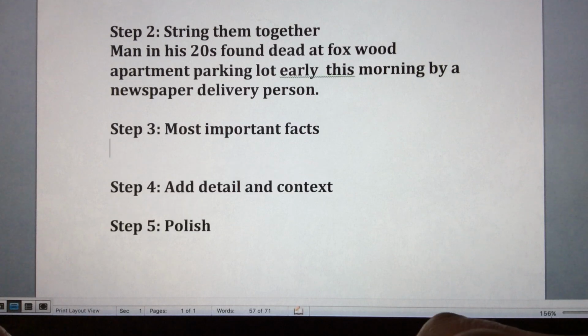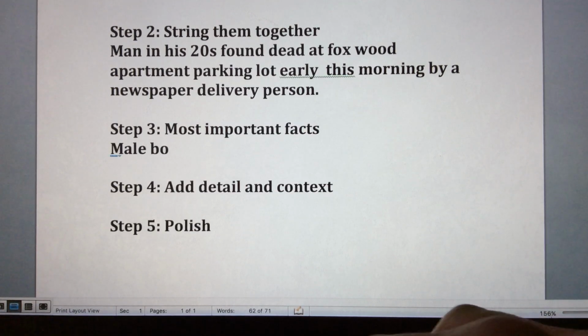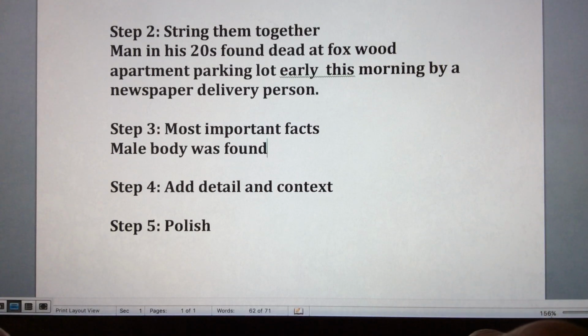Most important facts. The body was found. This male body was found. You could also argue that police are investigating. That's an important fact because it suggests that this was not just a man who died of a heart attack, or it sounds like there's potentially some foul play if police are looking into it.